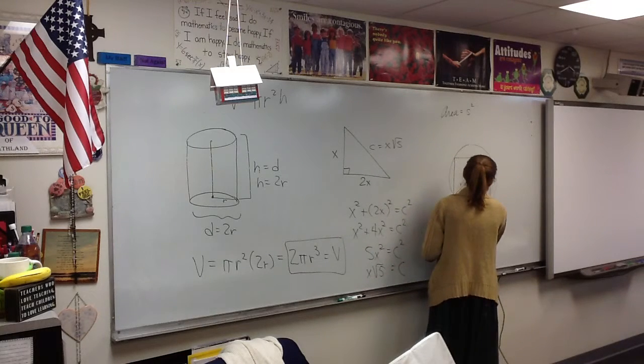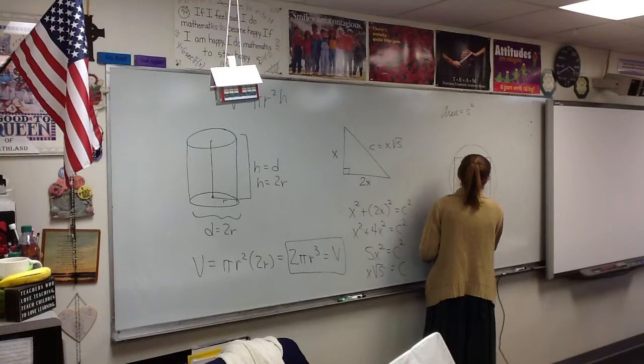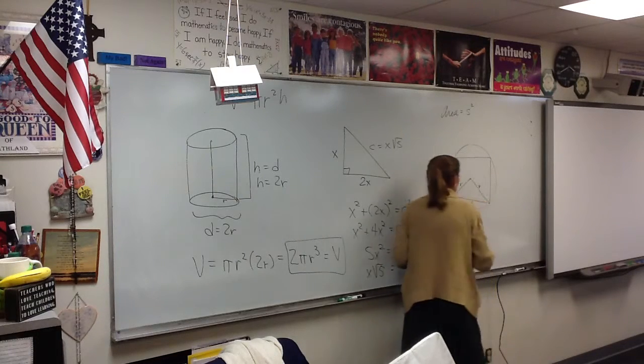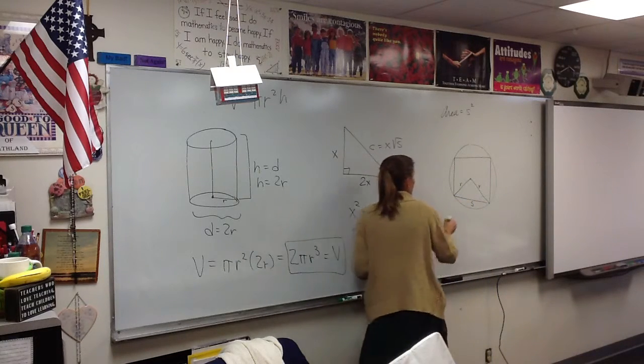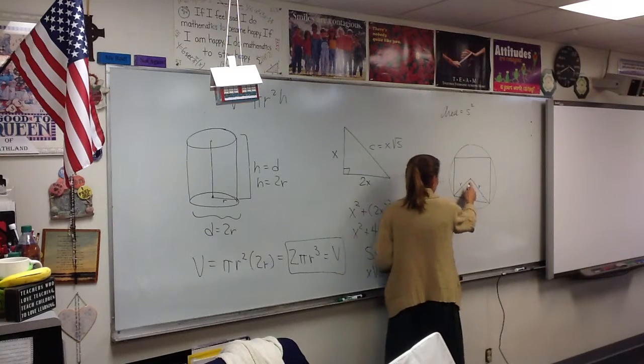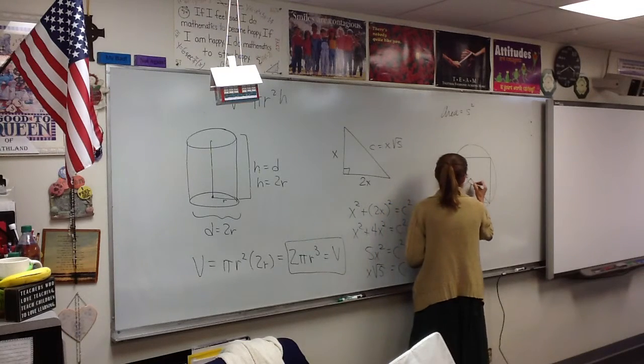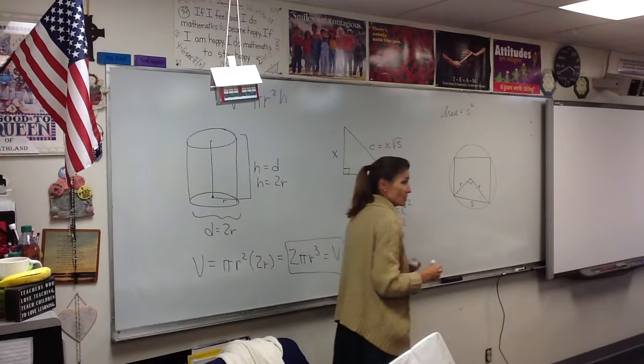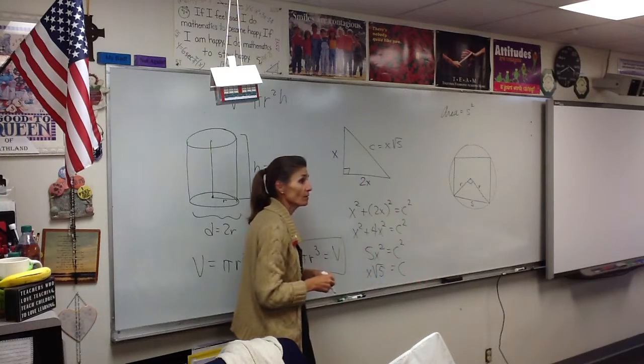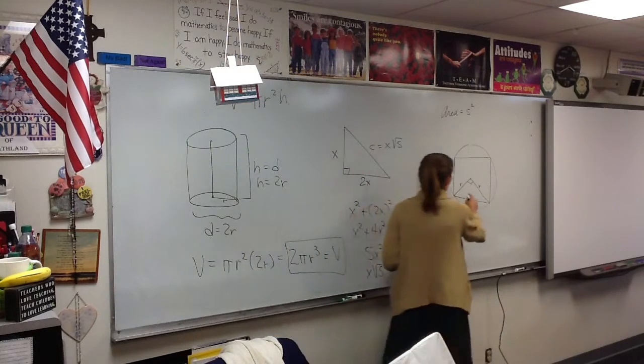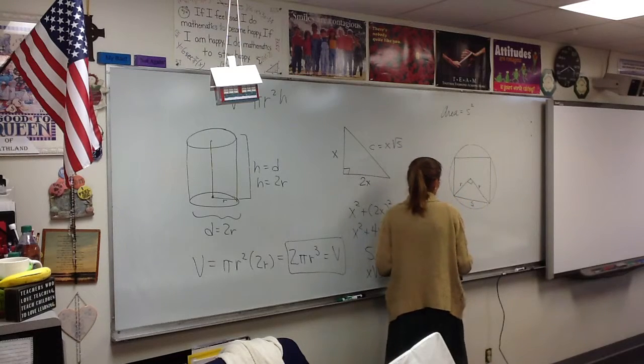Let me draw in another radius. Pretend that's another radius. Anybody have any idea what kind of angle that is right there? Right angle. The diagonals of a rhombus, which a square is a rhombus, are perpendicular. So we've got a right angle right there. So that's the hypotenuse.